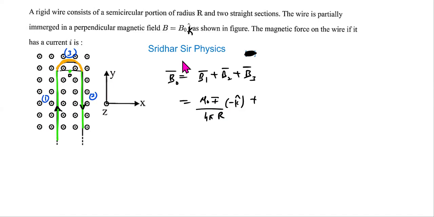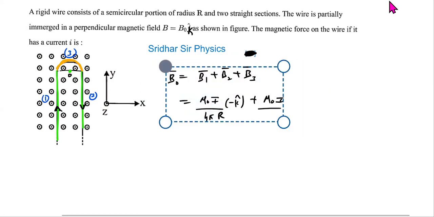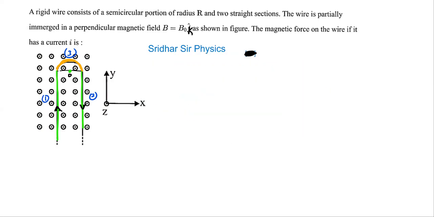Then B2 also mu naught I. The question asks for the magnetic force on the wire, not the magnetic field. So we will calculate F1 bar.